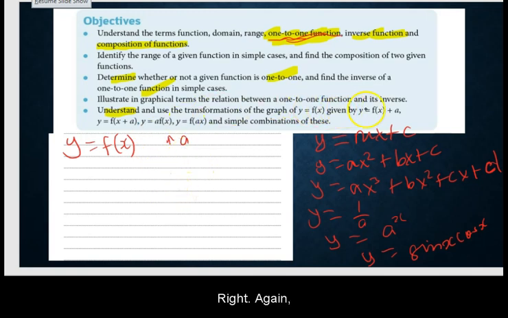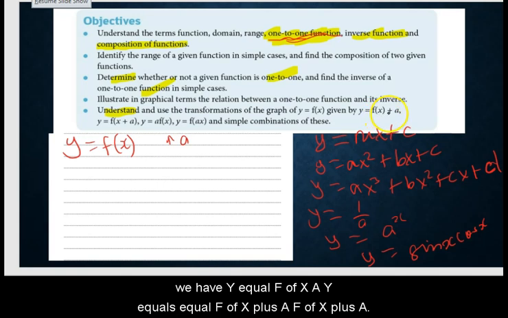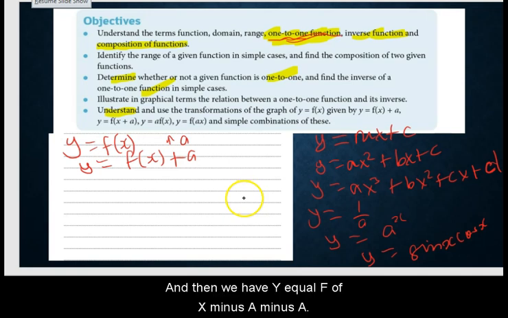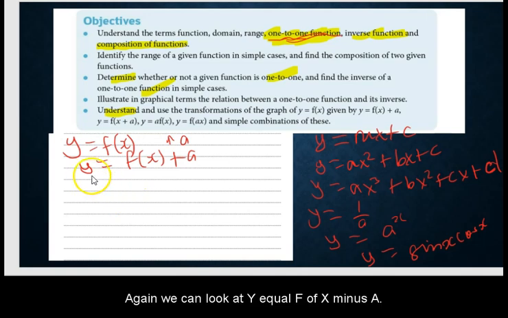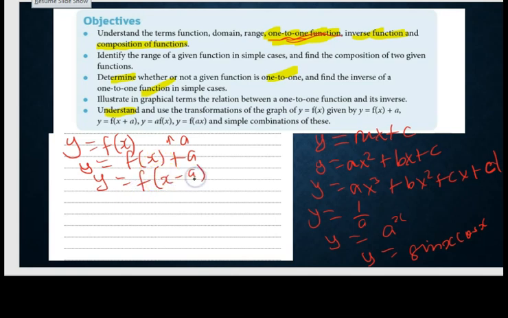Again, we have y equals f of x plus a. And then we have y equals f of x minus a.